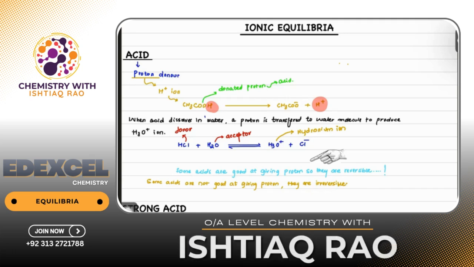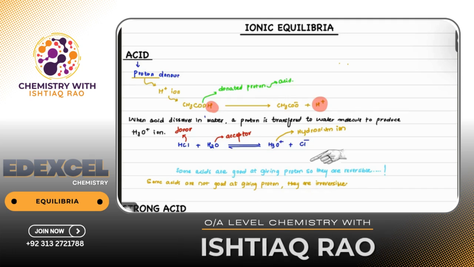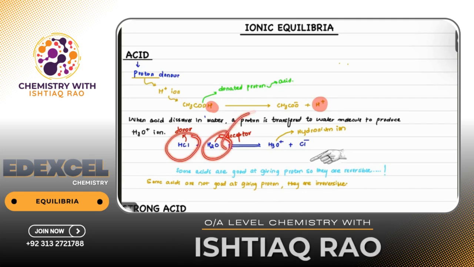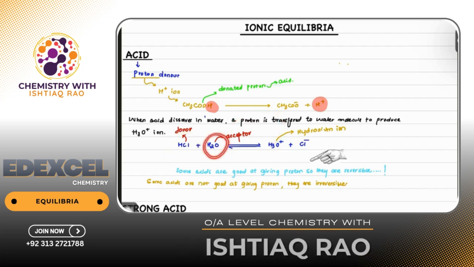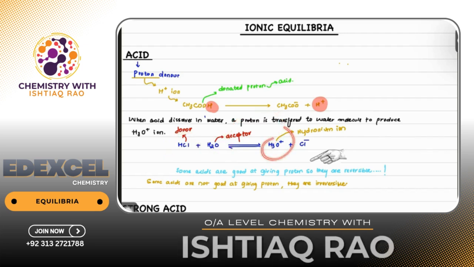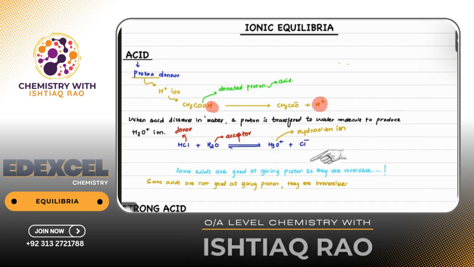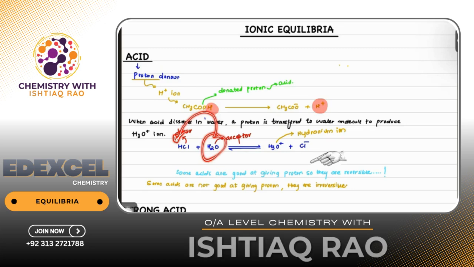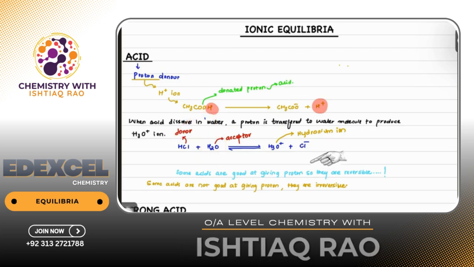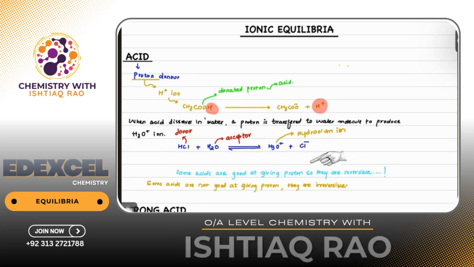Let's say I have dissolved acid in water, so it's going to give its proton to the water. Initially it was H2O and right now it's H3O positive. It has accepted a proton from this HCl. So that's why HCl is an acid, and in this equation, water is acting as a base.